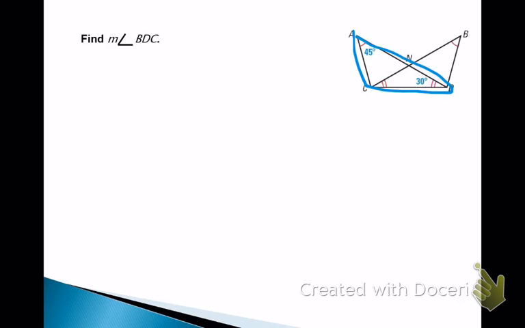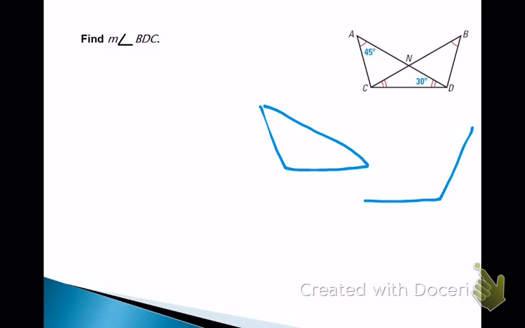And here's 2 of them. Here's one, and here's one. So we've got 2 triangles that are overlapping. Anytime that happens, I think it becomes very useful to redraw these triangles so that they're separated. And once you redraw the triangle, you want to name it the same way it is in the picture. So this is ACD, and this is CBD.